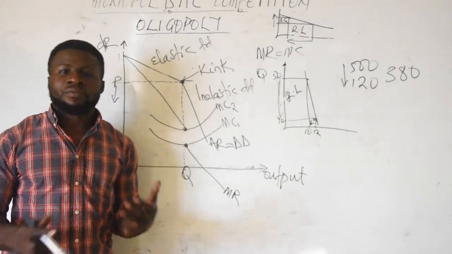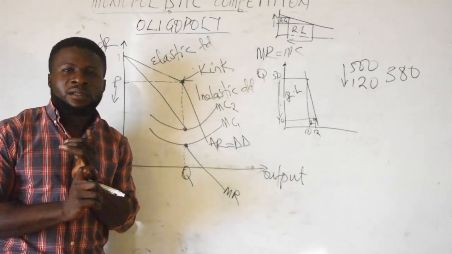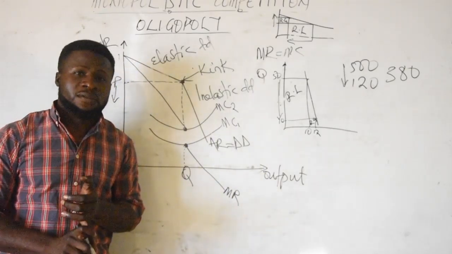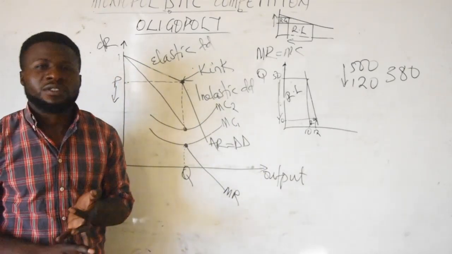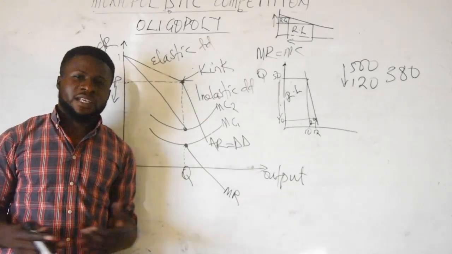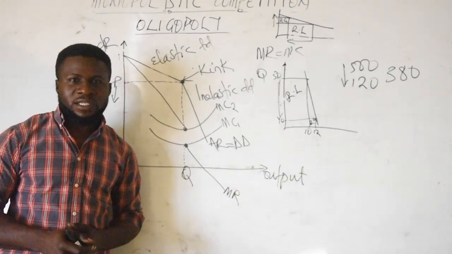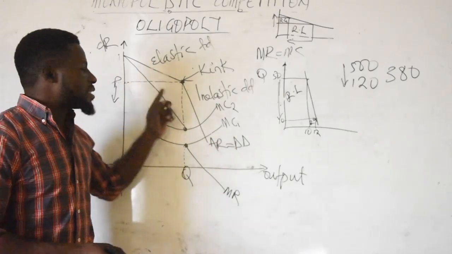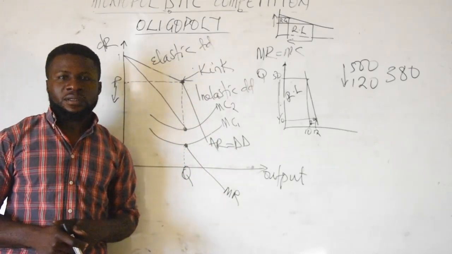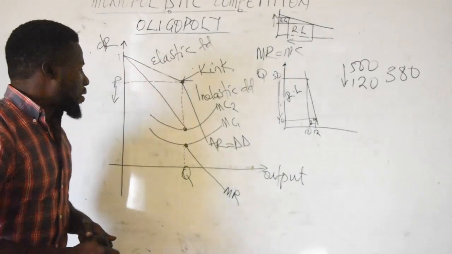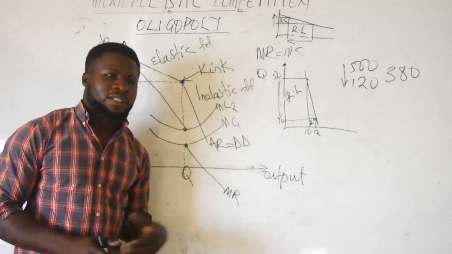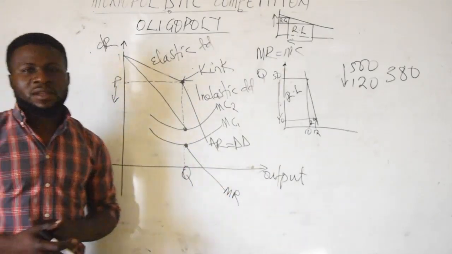So what do they do? They do publicity, they go into serious advertisement, they do sales promotion, they offer after-sales services in order to increase individual sales, yet maintain prices at the point of kink. So that is what an oligopoly firm is all about, and its diagrammatic illustration.